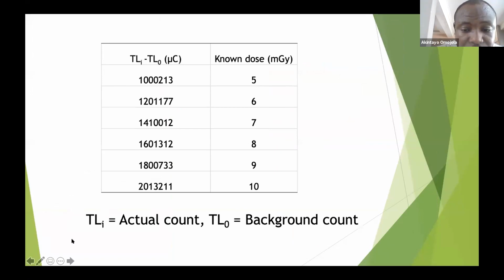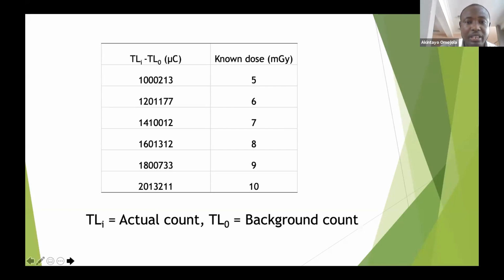Our T0 is our background count. So it means we've done some subtraction here, and this is what we actually got. This is our known dose to which our chips were exposed. They were exposed to 5, 6, 7, 8, 9, and 10 milligray. So what is our question? Our question is very simple. We are going to plot a graph of dose against count.